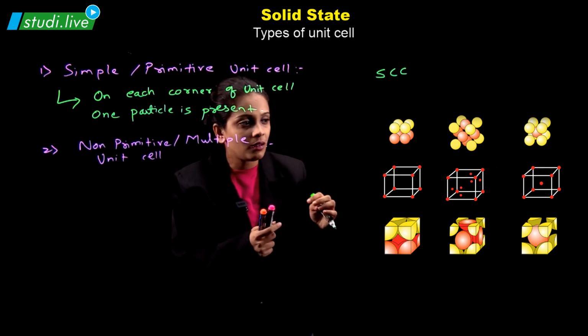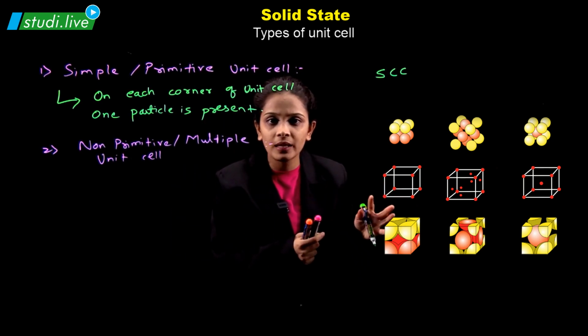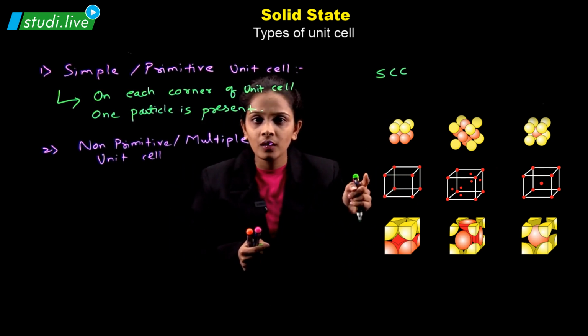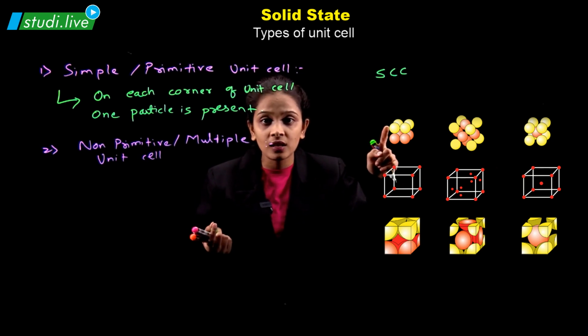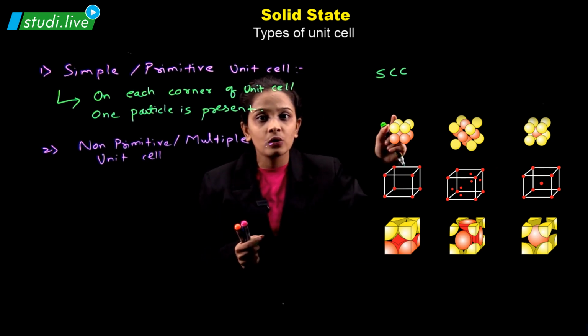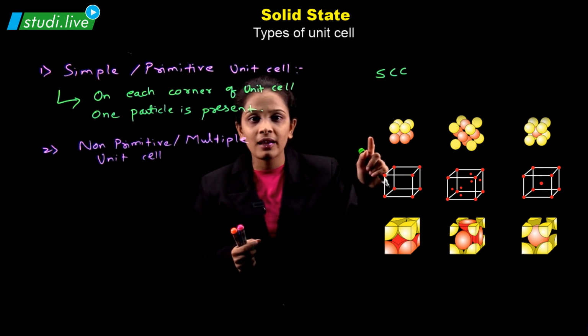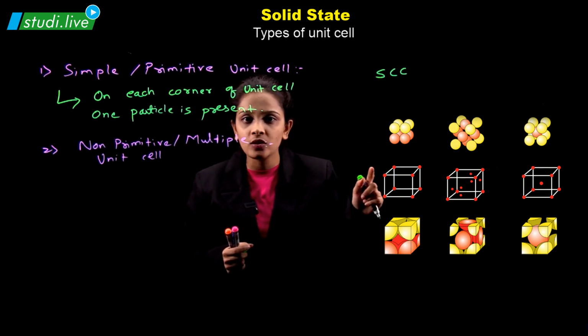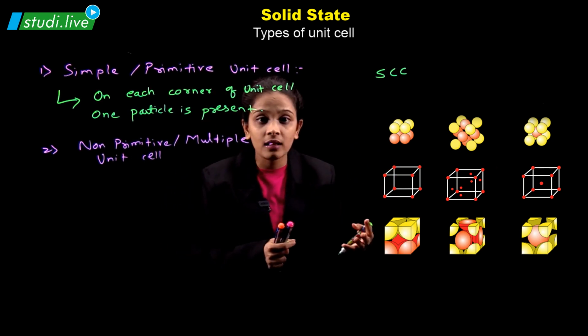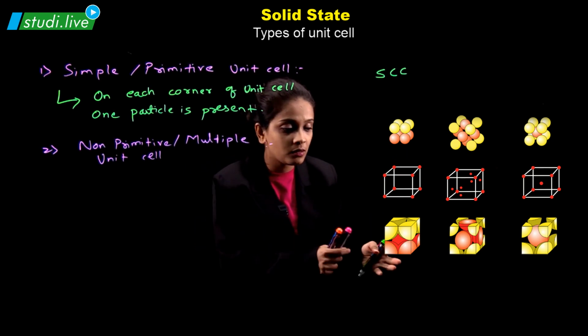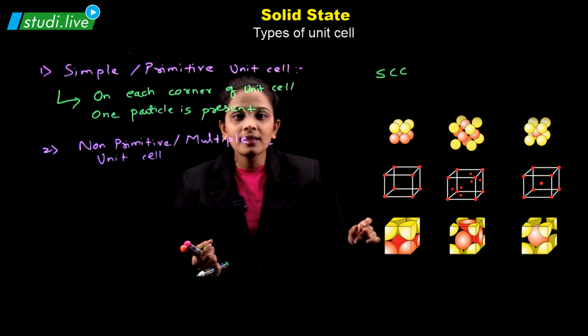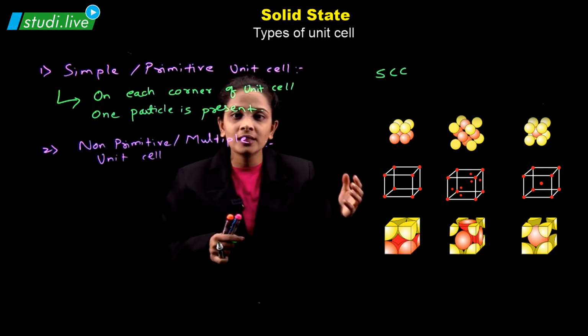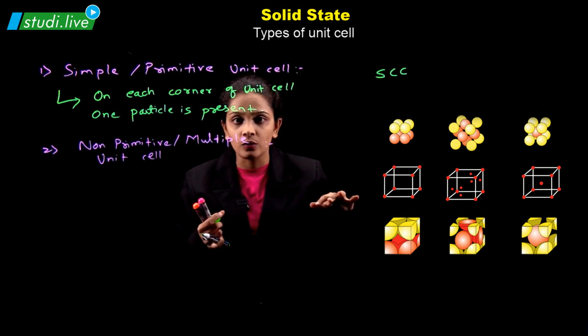We are using different animation to explain this part. This is a simple diagram. If we look at the 3D structure with whole spheres, every sphere at the corner is touching the others. Looking at this sphere, the corner sphere is touching other unit cells also.